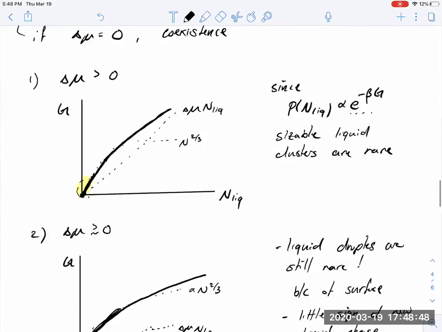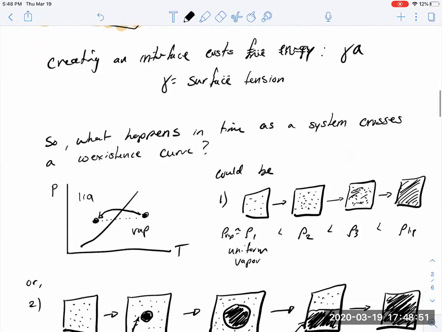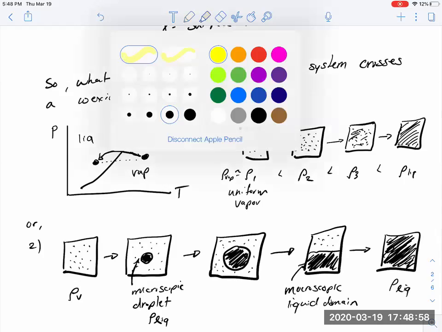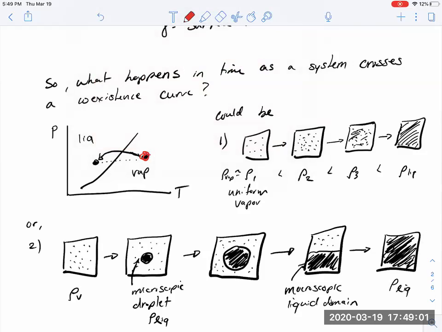So in fact, if we go all the way back up to this first thought experiment, if we take this vapor and bring it exactly to coexistence, we'd wait forever. But the further we push it into the region of stability of the liquid, the larger the chemical potential difference that stabilizes that liquid, the smaller the barrier is, and the more likely we are to see a fluctuation that could overcome that barrier.